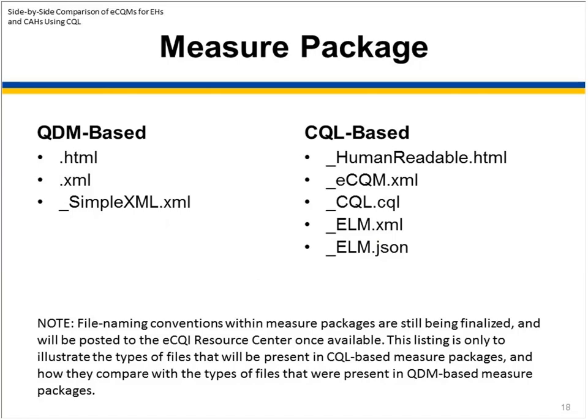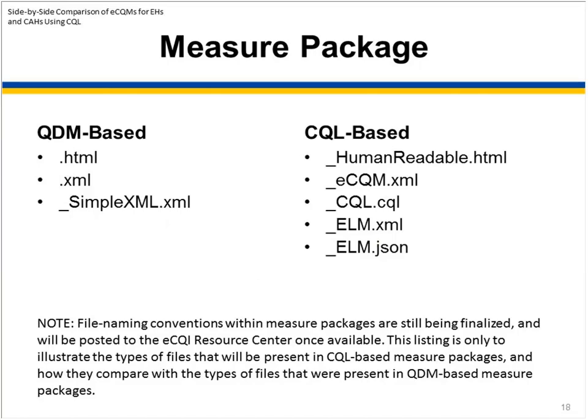The .xml, which is the electronic representation, that's the HQMF document that contains all the information for machine readable. And then simple XML is a simplified rendering of that same logic information.